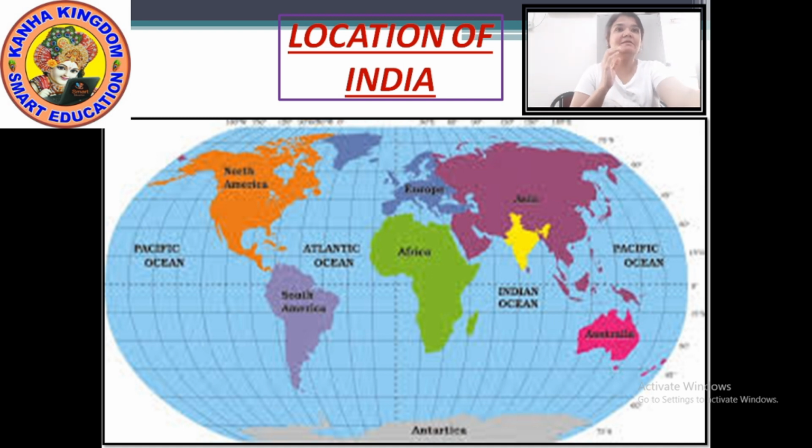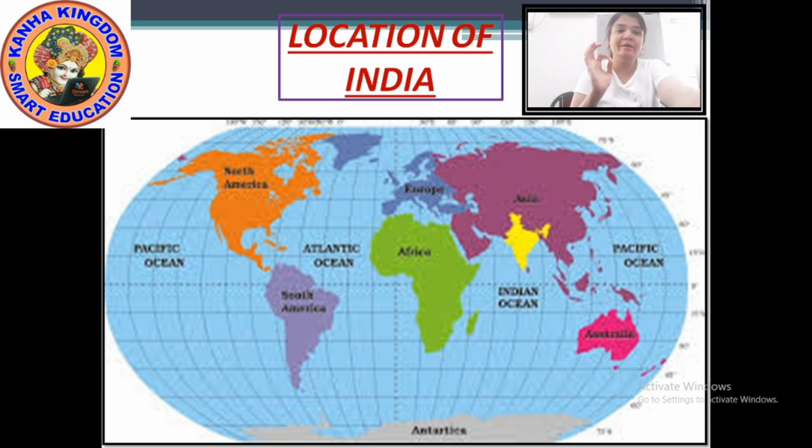So these are the 7 continents, and the last one, at the south pole, is Antarctica. Okay, so these are the continents on the world map.